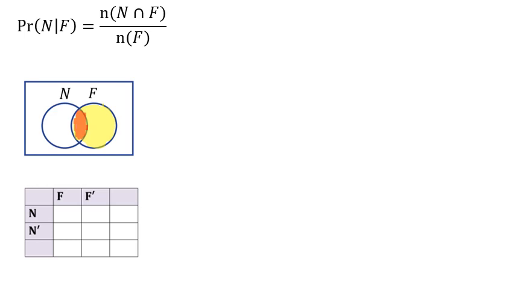Then if we look at the formula, the number of things that are in N and F, so that's this here from the formula, over the number of things in F. So this is the number of things in F in total, this part here.